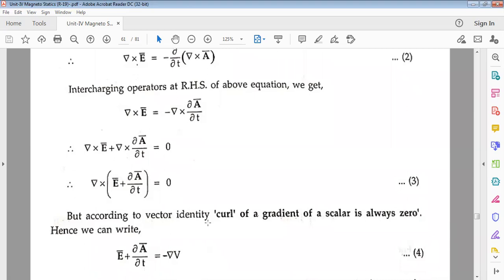What I call the vector identity: the curl of the gradient of a scalar is always 0.